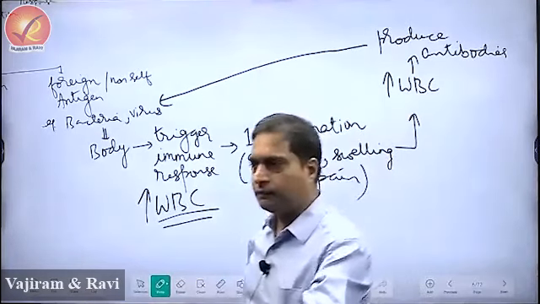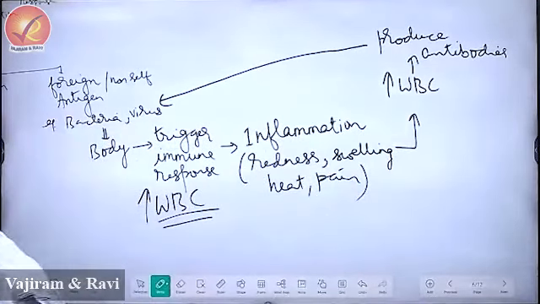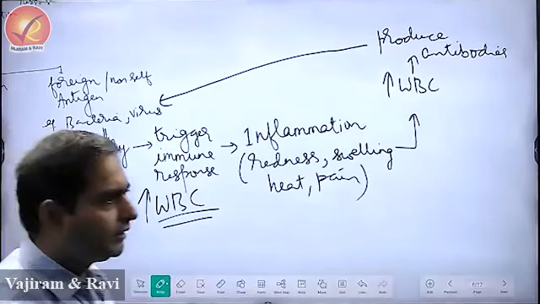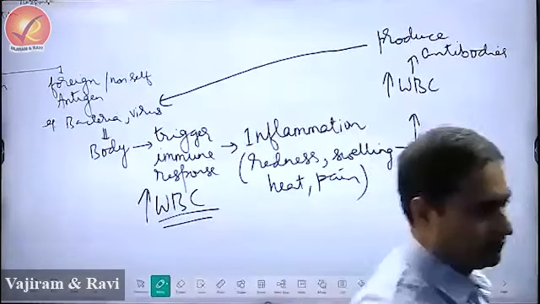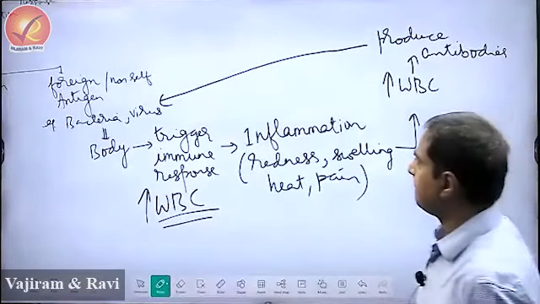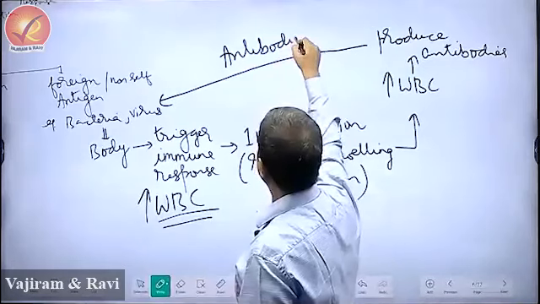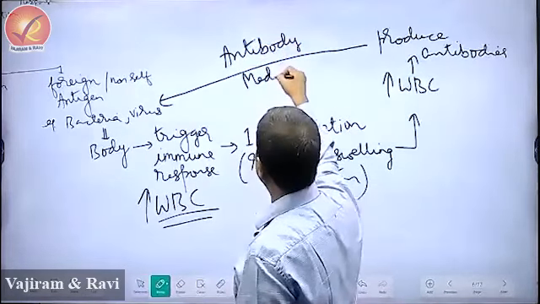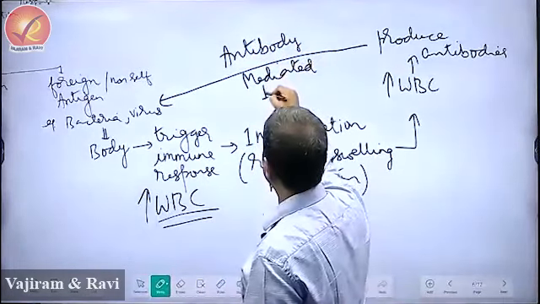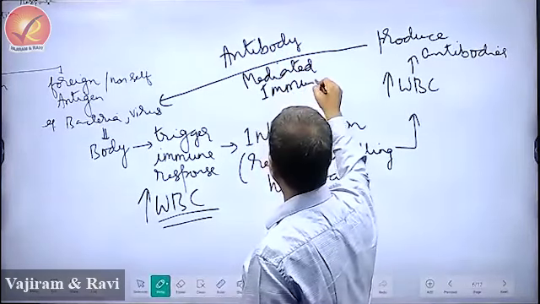Antibodies have to target the bacteria or virus to protect the body ultimately. We already discussed that it will block the virus attachment, isn't it? So your antibody mediated immunity starts working.